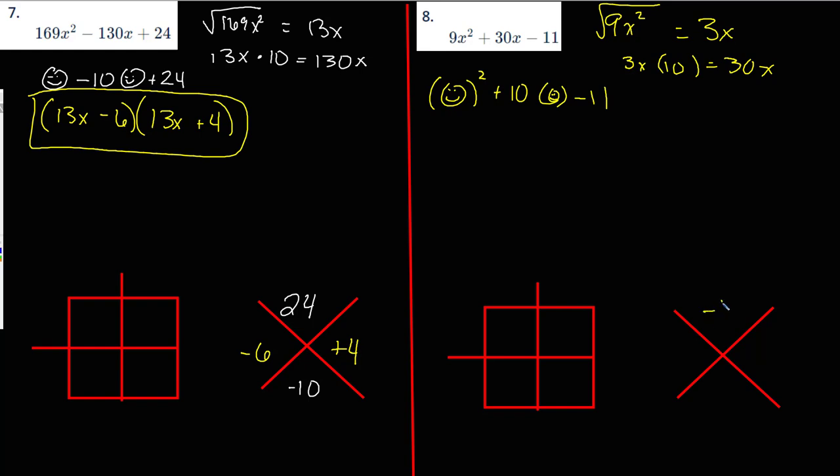So it multiplies to give me negative 11, but yet adds to give me a 10. And that would be a positive 11 and negative 1. And my smiley face was 3x.